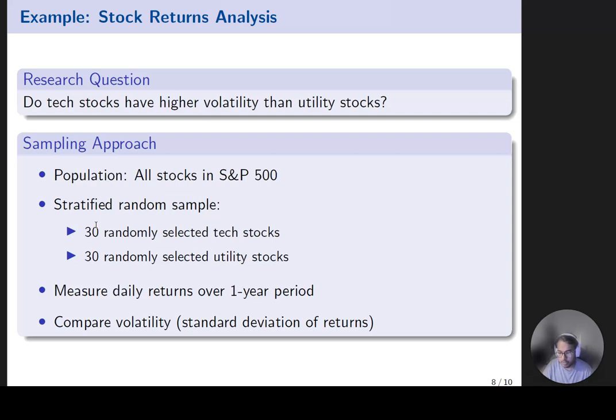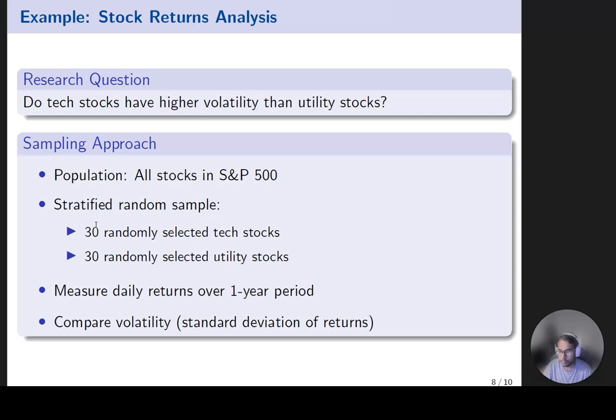Now, the reason why a stratified approach works better is because if we just do a simple random sample from the entire population of the S&P 500, then there is no guarantee that the sample would have adequate representation from tech and utility stocks. We might have a scenario where all the stocks that we end up selecting are from tech, or all the stocks we select are from utility, or neither tech nor utility.